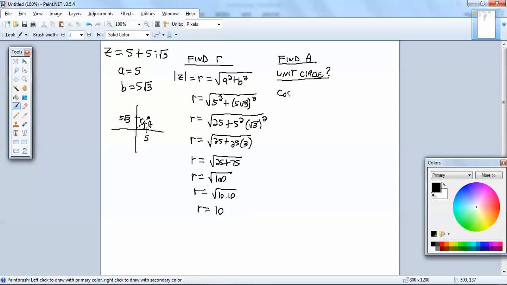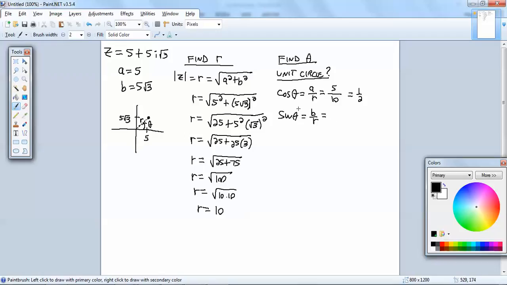Now our formula is cosine is equal to x over r, but x is the same as a in this formula, so we got a over r. Sine is equal to y over r, but in this formula sine or y is b. Okay, a was 5 over r, which is 10, which gives us 1/2.